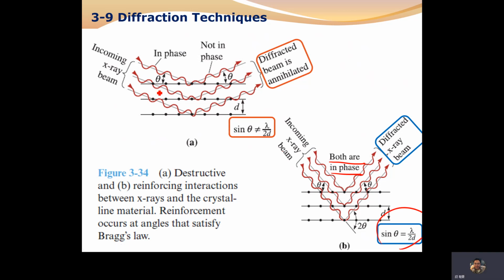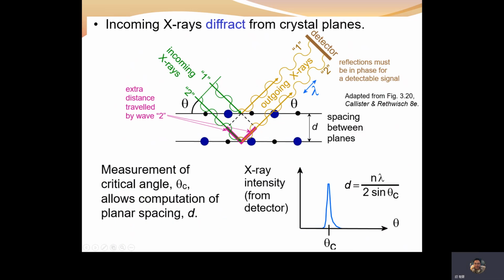If they are not in phase, the diffracted beam is nearly extinguished, so it does not follow Bragg's law. In one word, when the incoming and diffracted X-rays are in phase, we can detect the amplified amplitude. Therefore, for the X-ray machine, we can use Bragg's law to specify the crystallographic plane.